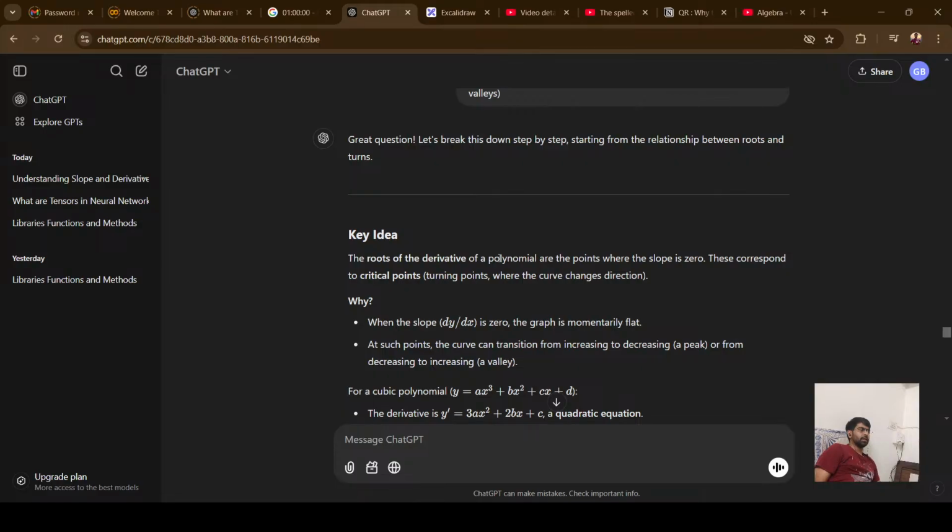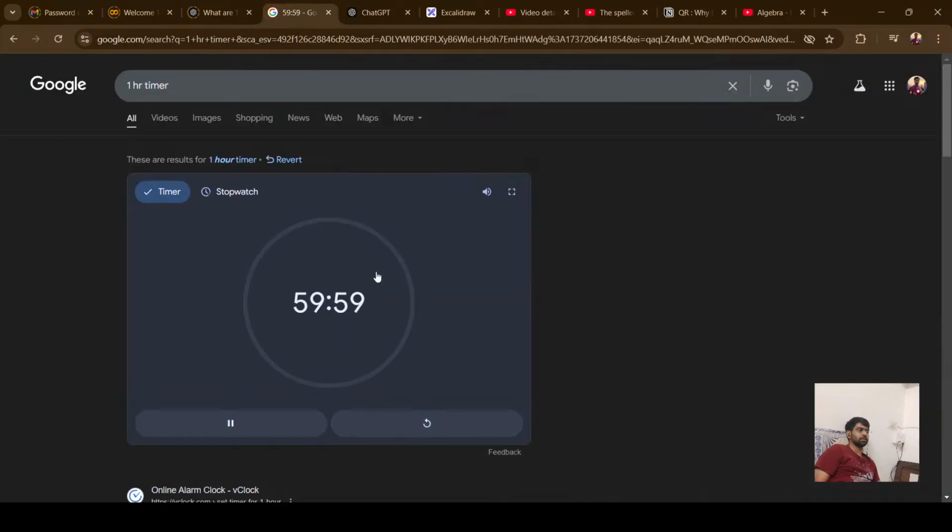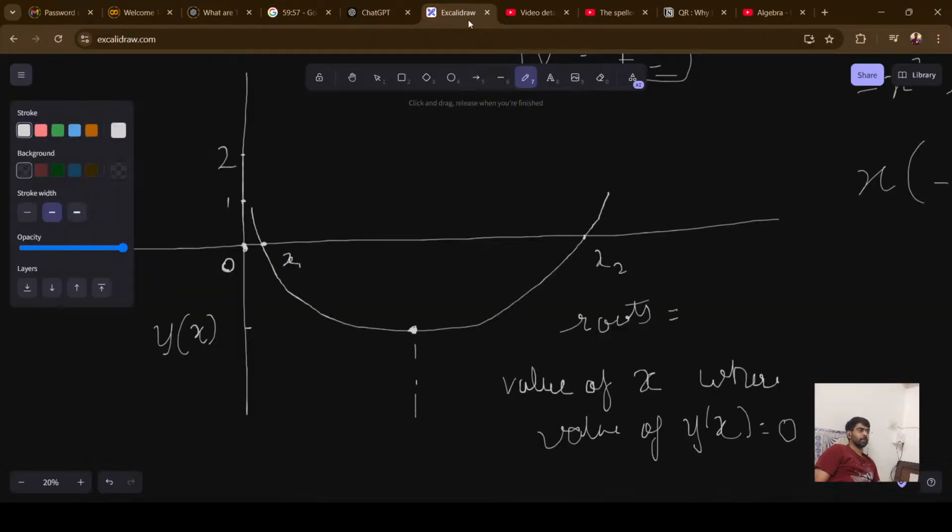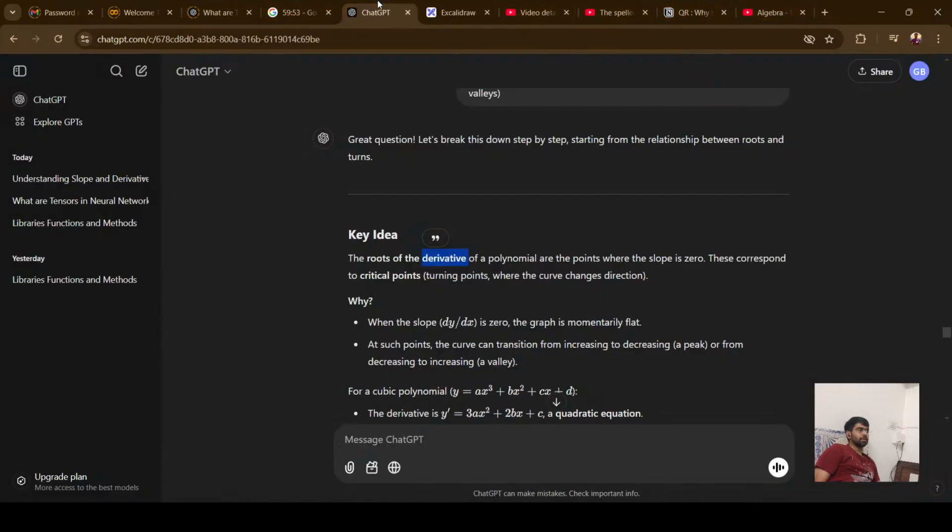So it is telling me to get the derivative of a polynomial. I have not started this. It is telling me to find the derivative of this polynomial, and then find the roots of this derivative.